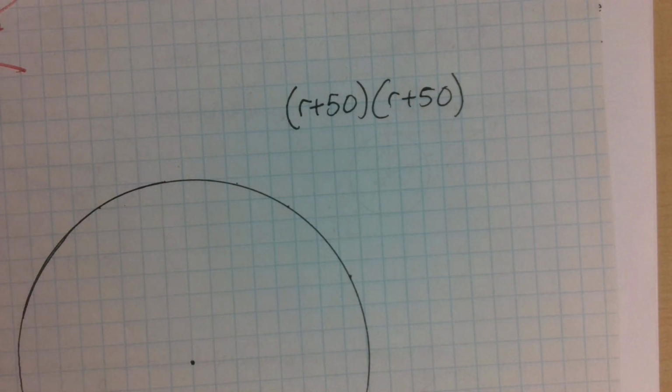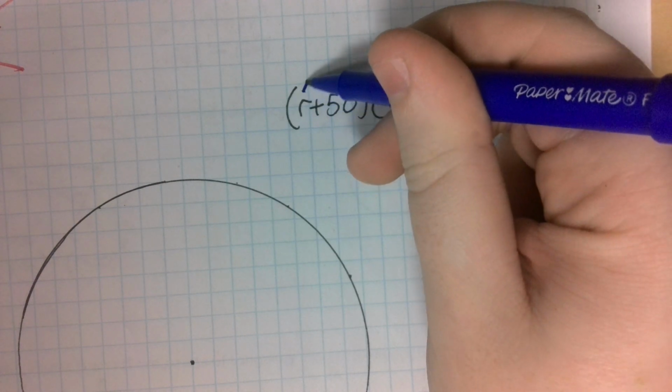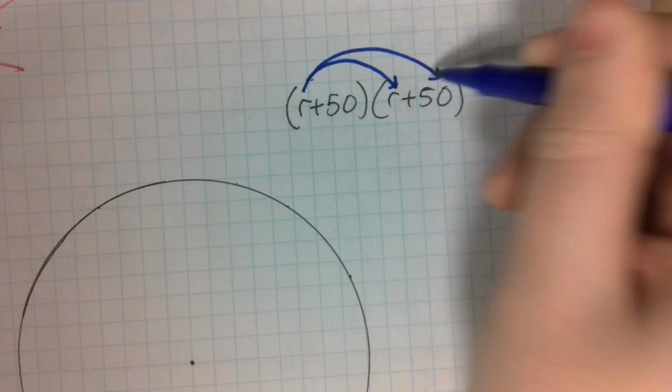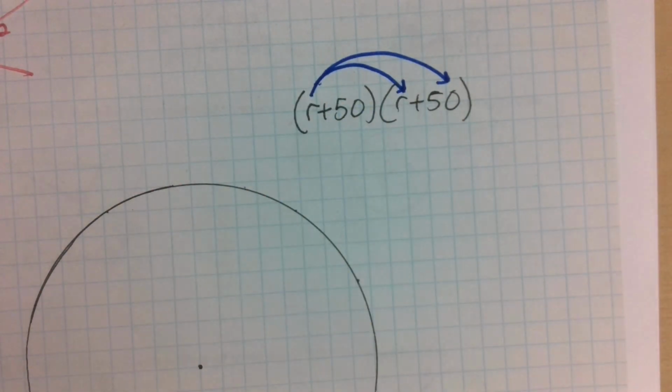This is where, in Algebra 1, we learned to double distribute, also known as FOIL. This is where we learned that we want to make sure we distribute the r to everything in our second parentheses, and then once we're done with that, we'll distribute the 50 to everything in parentheses.